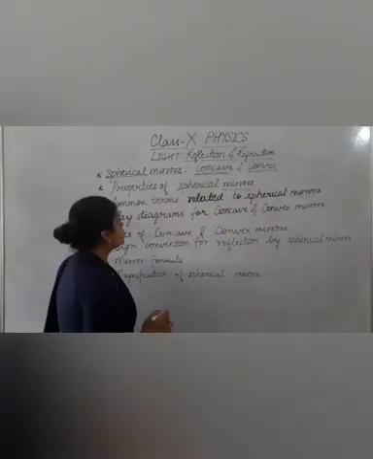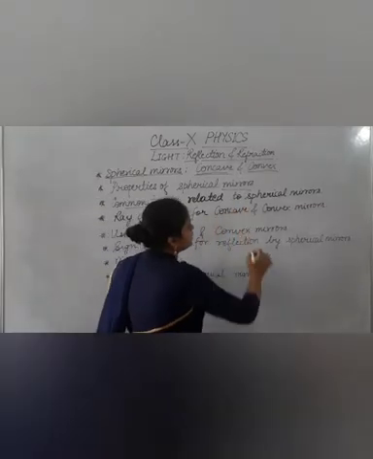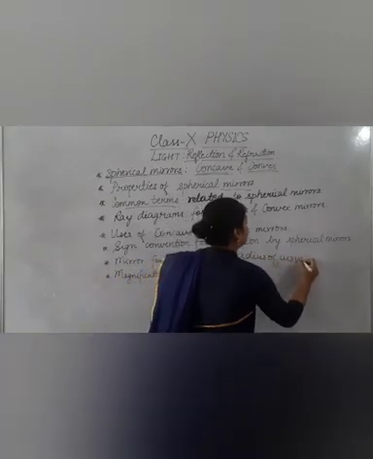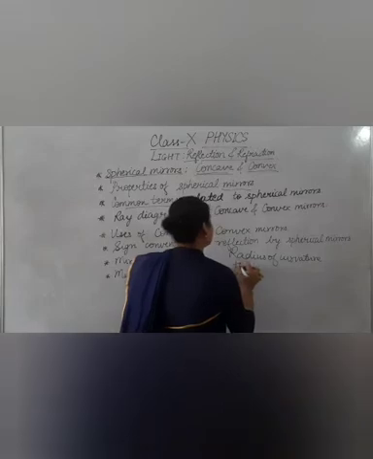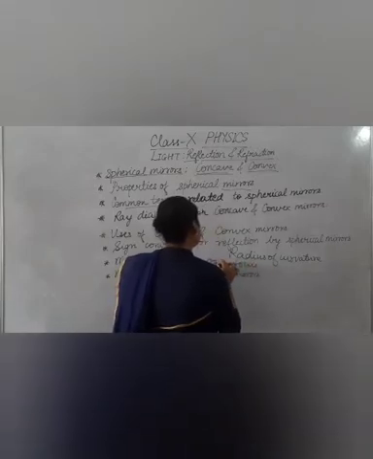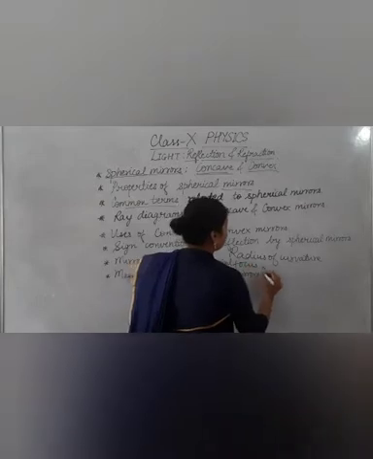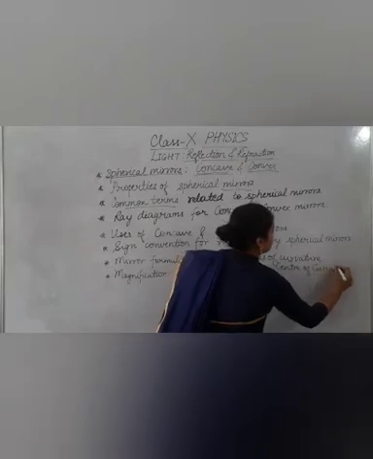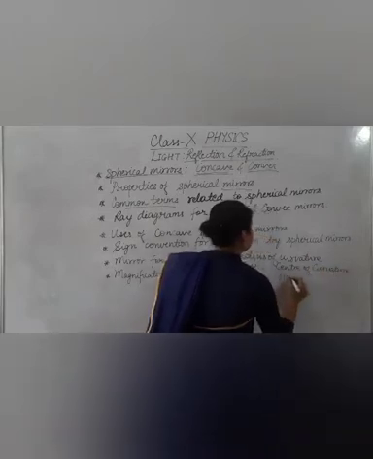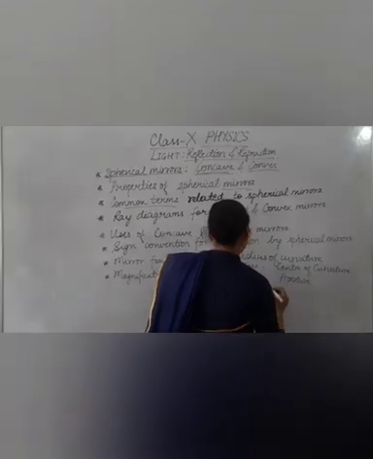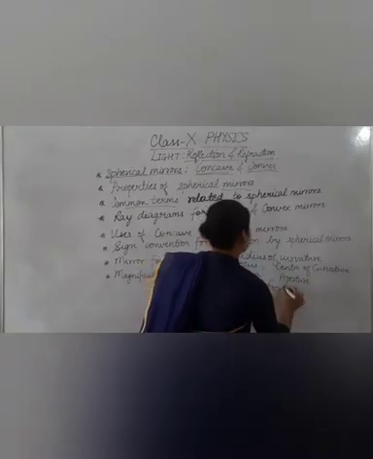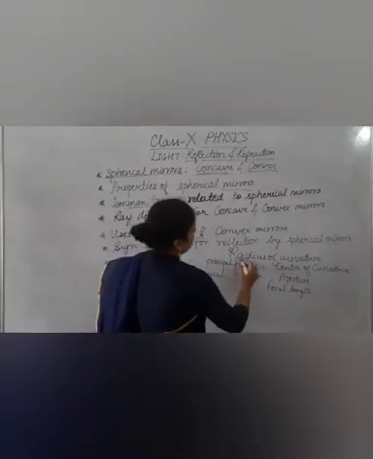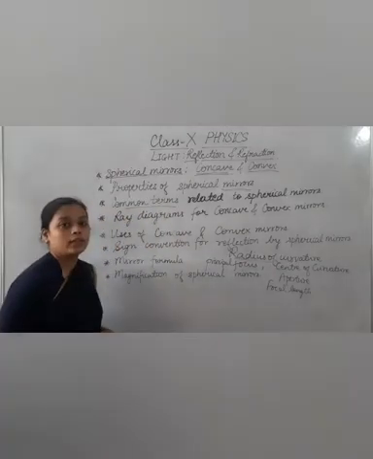After this there are common terms related to spherical mirrors, such as radius of curvature, focus or principal focus, center of curvature, aperture and focal length. These terms one by one I will explain with the help of ray diagrams.